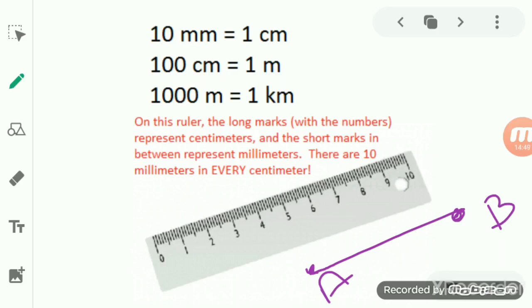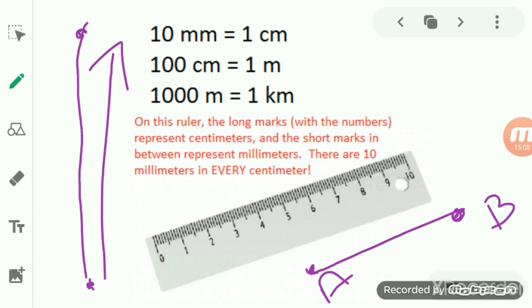Now the width and the height of an object are also examples of length. If you say this is the height of an object, how will you measure it? From one point to the tip of the point. When we join this whole distance together, it defines the length, or we can say the height of the object. So it is also a kind of length.